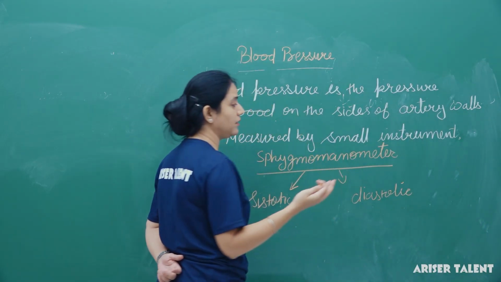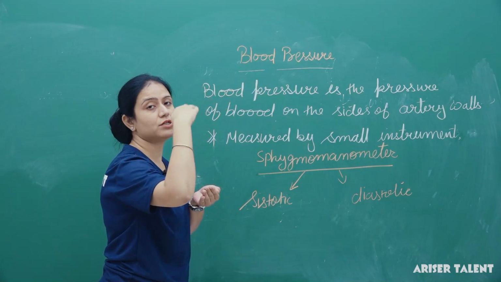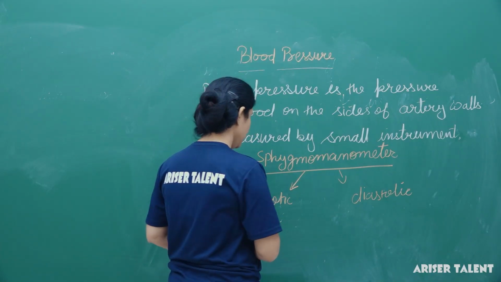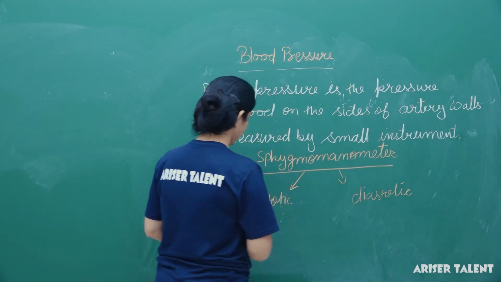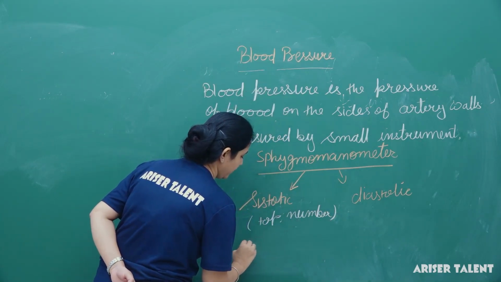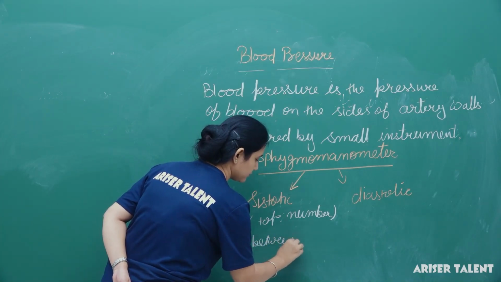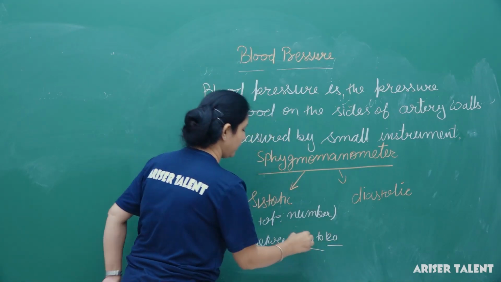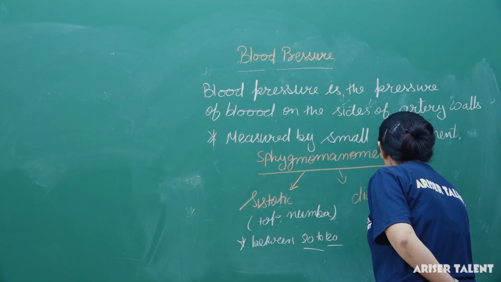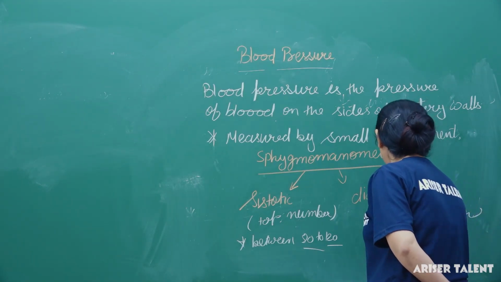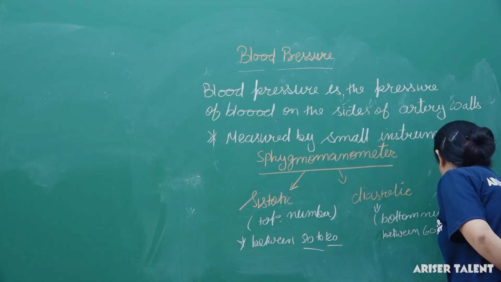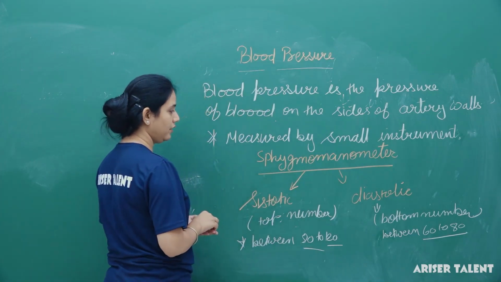When we measure blood pressure by the sphygmomanometer, the upper number is known as systolic, and it should generally be between 80 to 120. And diastolic is the bottom number, and it should be between 60 to 80. Systolic and diastolic.